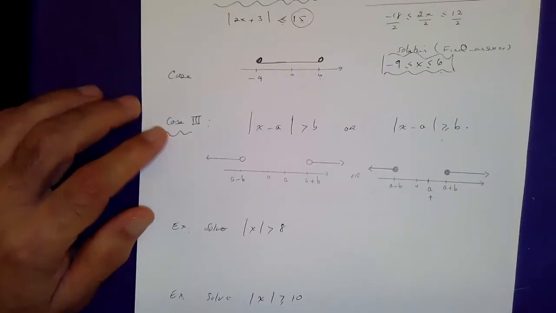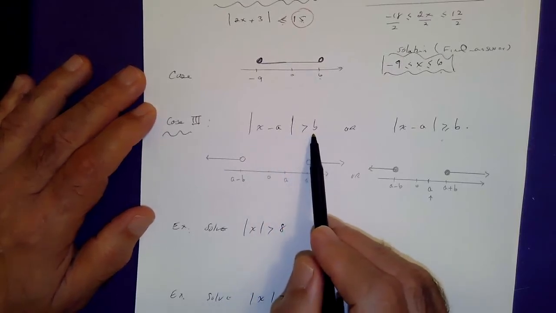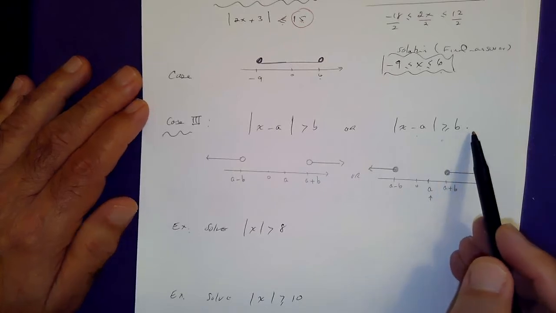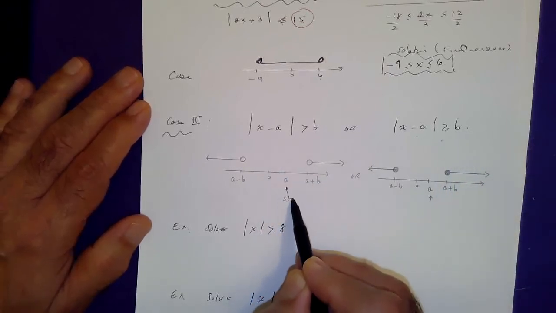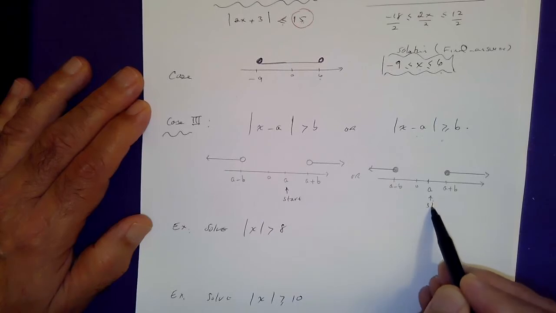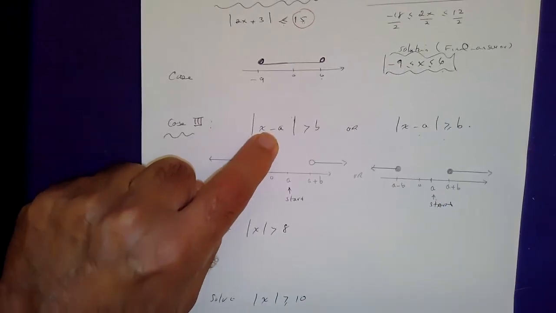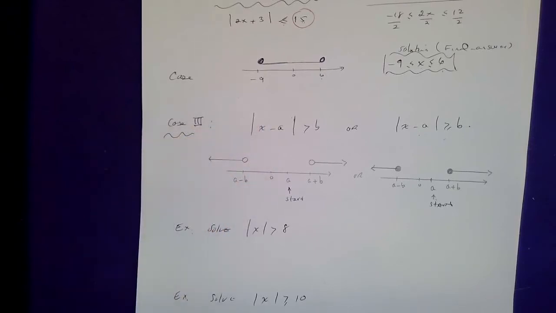Finally, case 3 is what if you have absolute value of x minus a is greater than b, or absolute value of x minus a is greater than or equal to b. In this case, your starting point, once again, is a in both cases, provided there is a minus here. If there was a plus here, then the starting point would be -a.